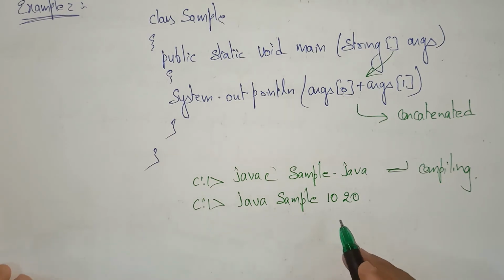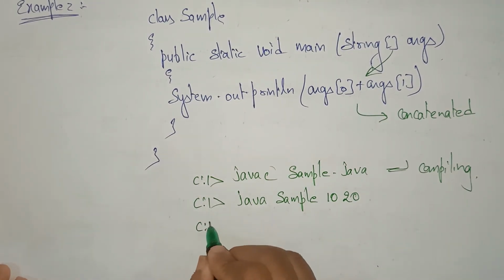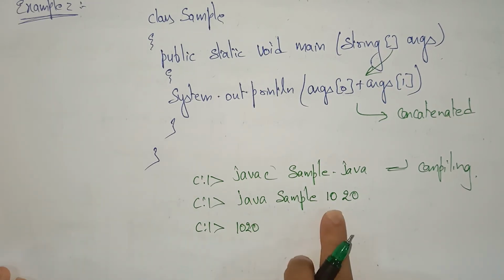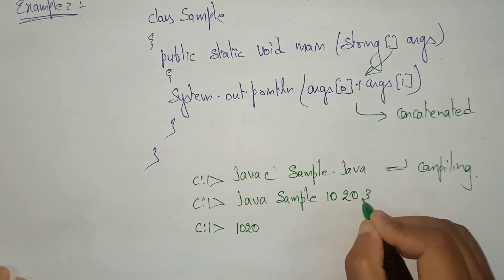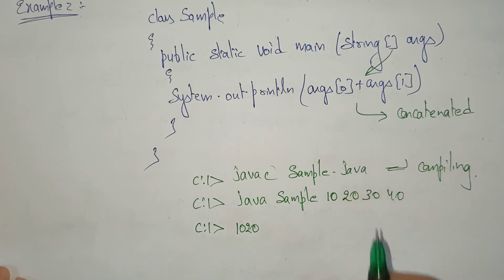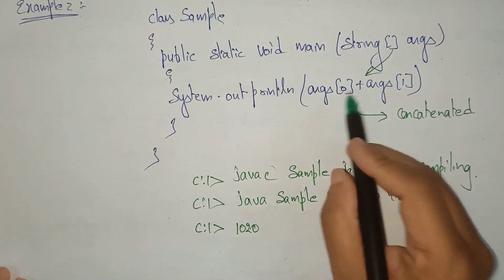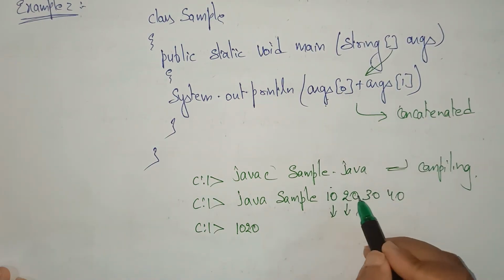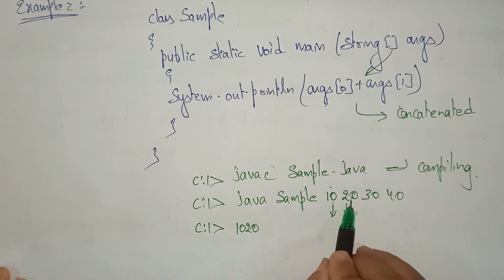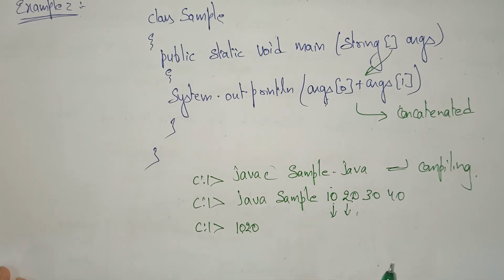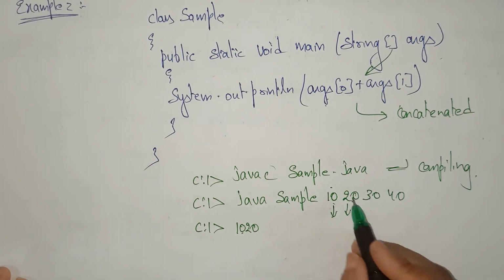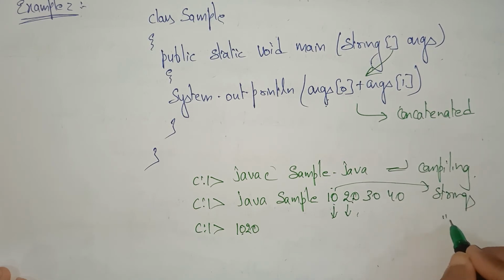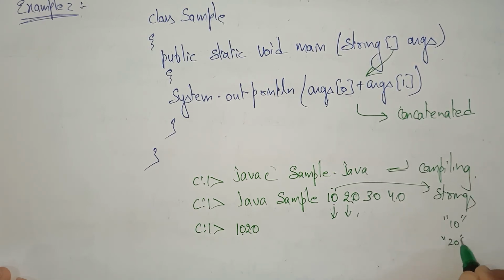The output will be 1020. These two are concatenated. Even if I give 10, 20, 30, 40, it is going to take only 2 arguments, because I have used argument 0 and argument 1. Only these 2 will be taken and concatenated. These are considered strings, not integers.